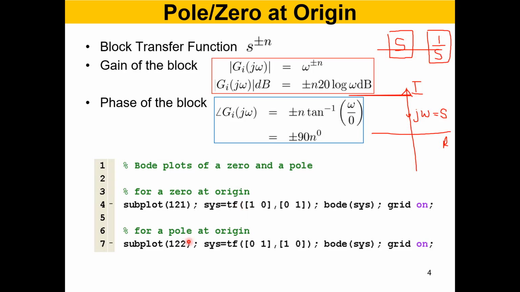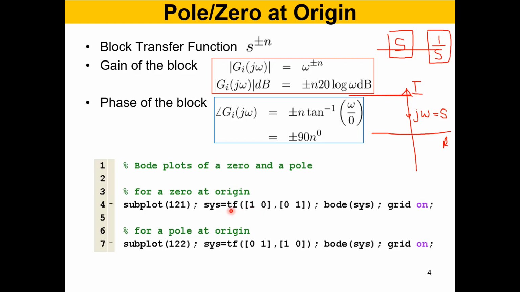So this is what I do. I first declare the function I have using the TF command, the transfer function command, within brackets, numerator, denominator. So here the numerator is 1, 0. 1, 0 means what? Can anybody tell me?